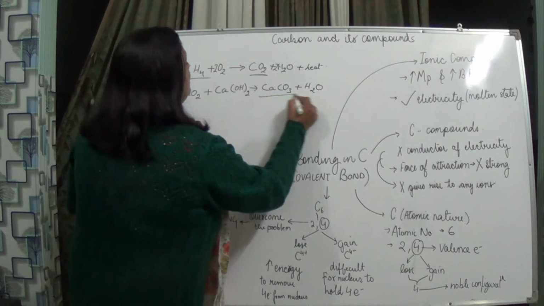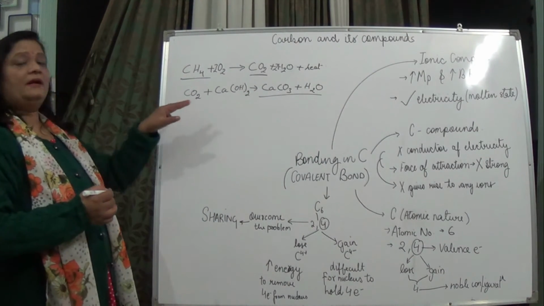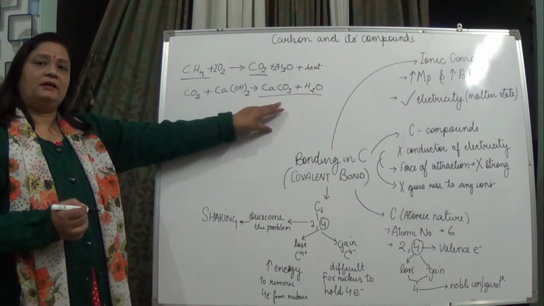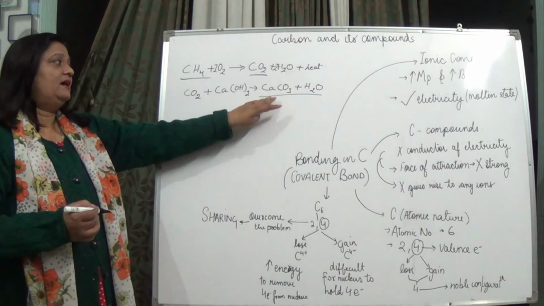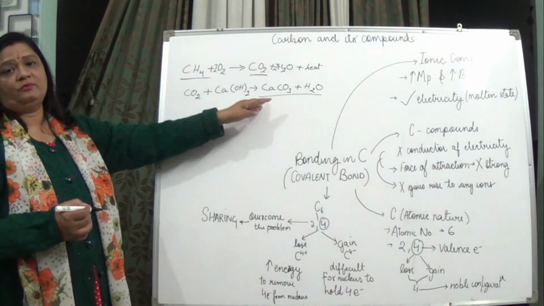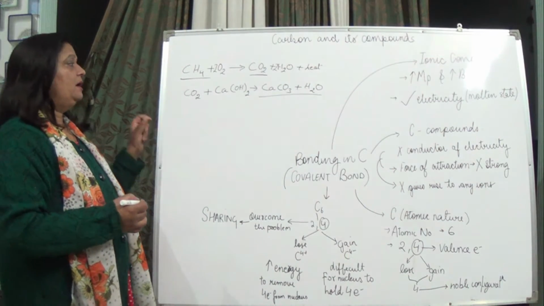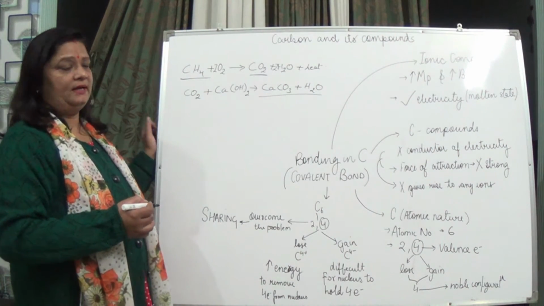So when carbon dioxide is passed through calcium hydroxide, you get calcium carbonate plus H2O, and because of the formation of the precipitate of calcium carbonate, the lime water turns milky.